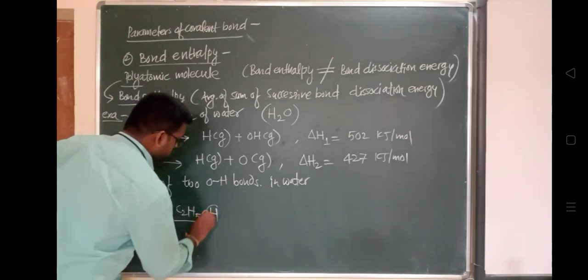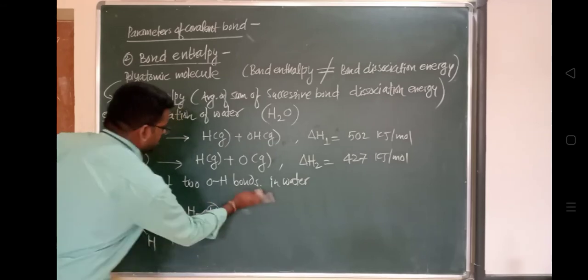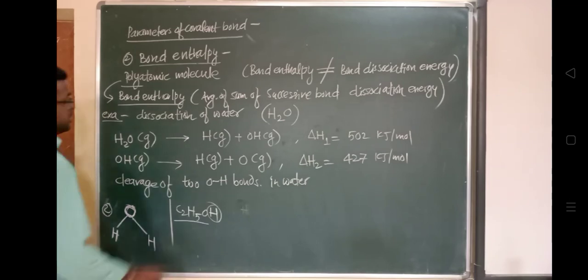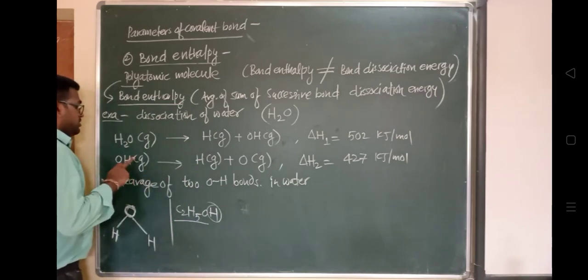In the very first step, a higher amount of energy, the bond dissociation energy, is required to break this OH bond in the case of a polyatomic molecule. That's the reason we say bond enthalpy and bond dissociation energy in a polyatomic molecule are not the same.